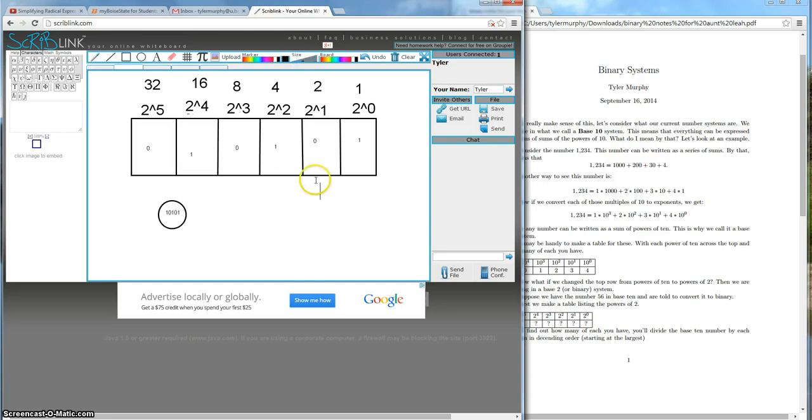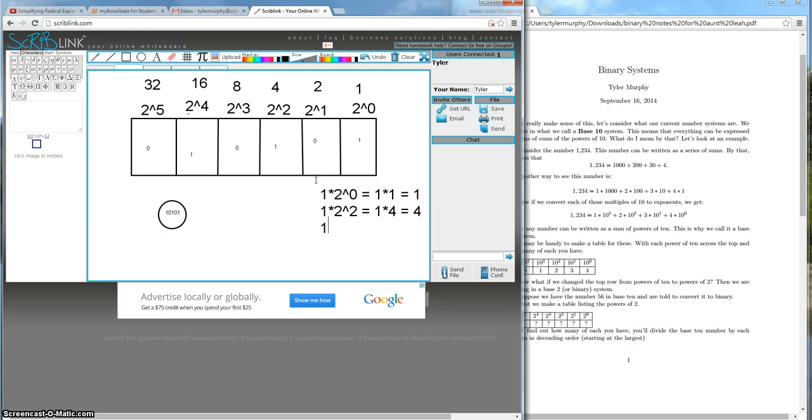Okay, so now back to what I had before. I have 1 times 2 to the 0, which equals 1 times 1, which equals 1. Then I have 1 times 2 squared, which equals 1 times 4, which equals 4.